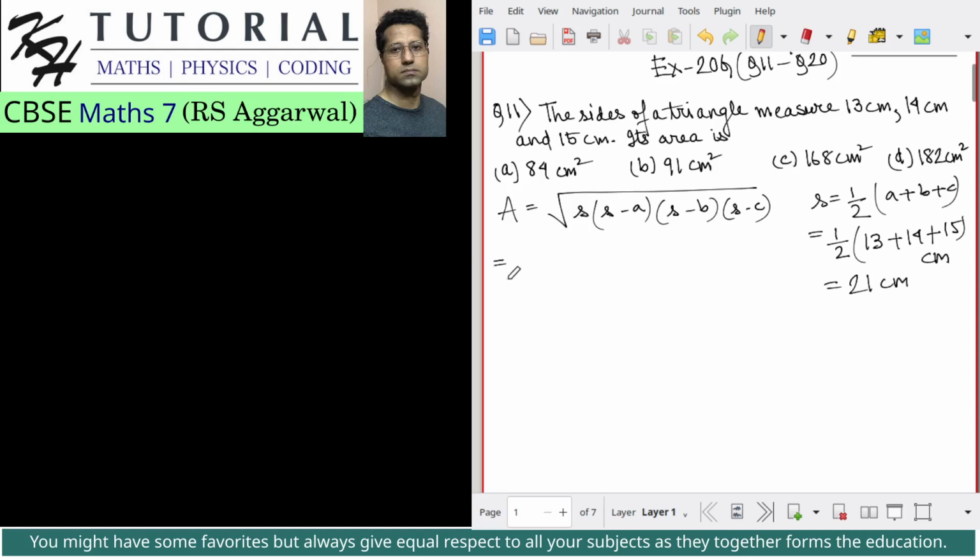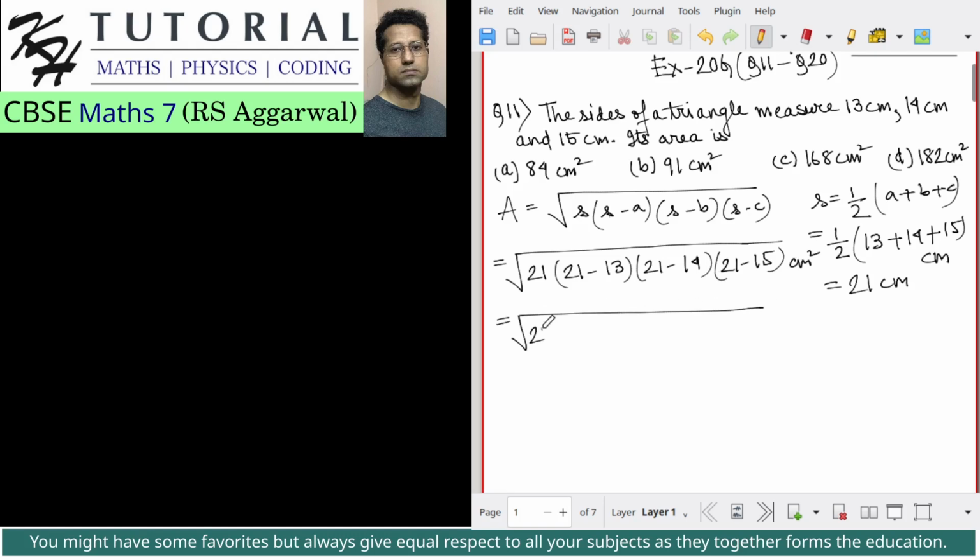So the area will be square root of S, which is 21, and then we have 21 minus 13, 21 minus 14, 21 minus 15, this much centimeter square. So this is equal to the square root of 21 multiplied by 21 minus 13 is 8, 21 minus 14 is 7, and 21 minus 15 is 6, this much centimeter square.